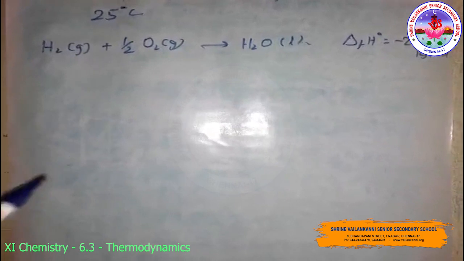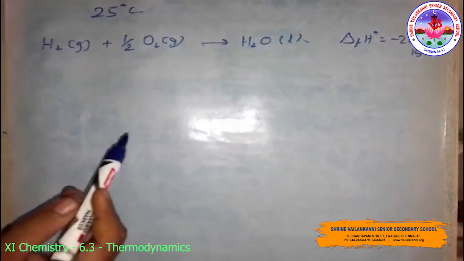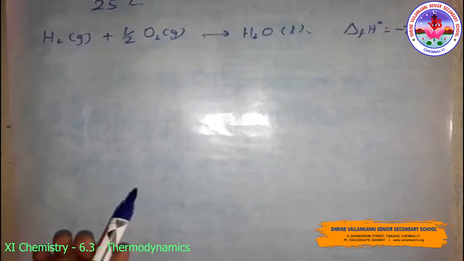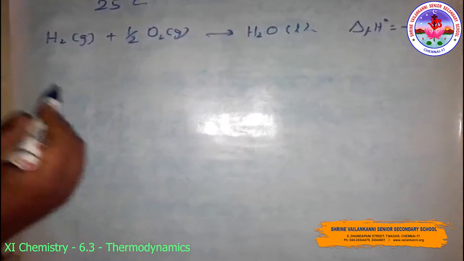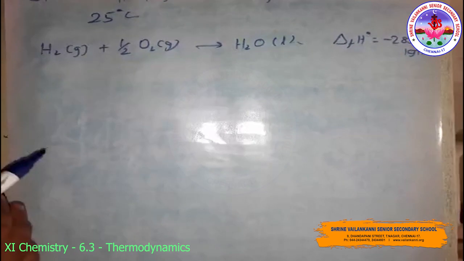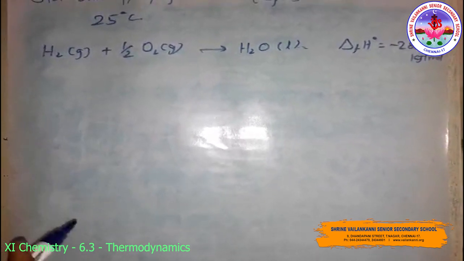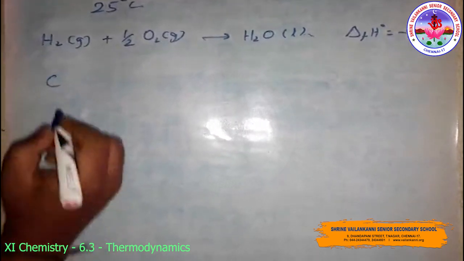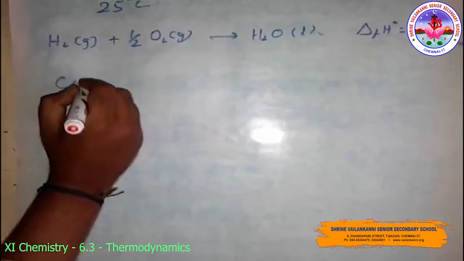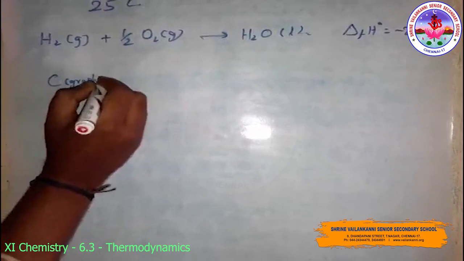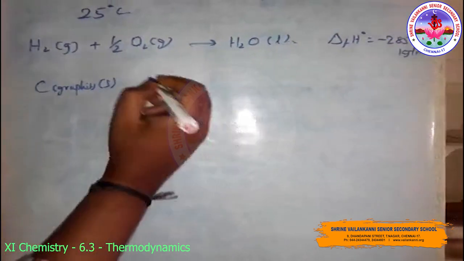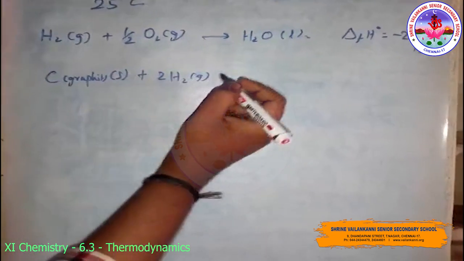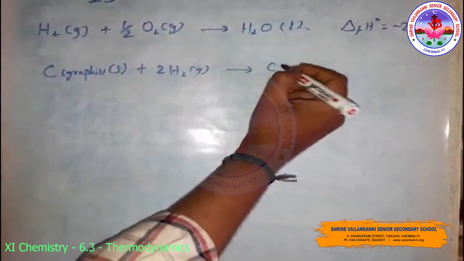These values are given in your textbook, in Table 6.2, standard molar enthalpy of formation at 298 Kelvin of some substances. Look at this table. Carbon graphite, a solid form, reacts with 2 moles of hydrogen gas to form methane gas, CH4.